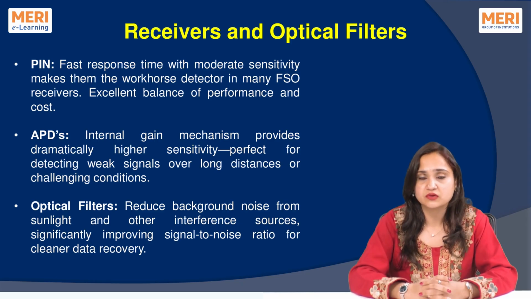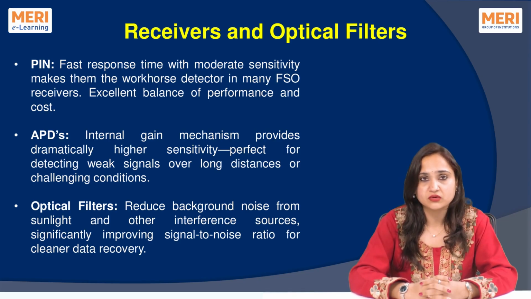Avalanche photodiodes, on the other hand, have an internal gain mechanism that provides much higher sensitivity. This makes APDs ideal for detecting weak signals over long distances or under challenging atmospheric conditions. However, APDs require higher bias voltage and are more expensive.